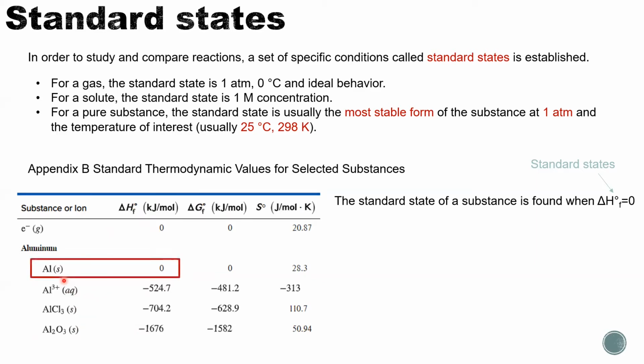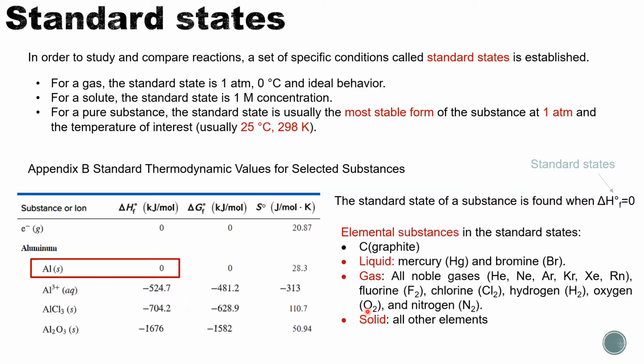So in this case, the most stable form of elemental aluminum is a solid. In this video, we need to pay close attention to the elemental substances in the standard states. So you need to know what their standard states are for each elemental substance.